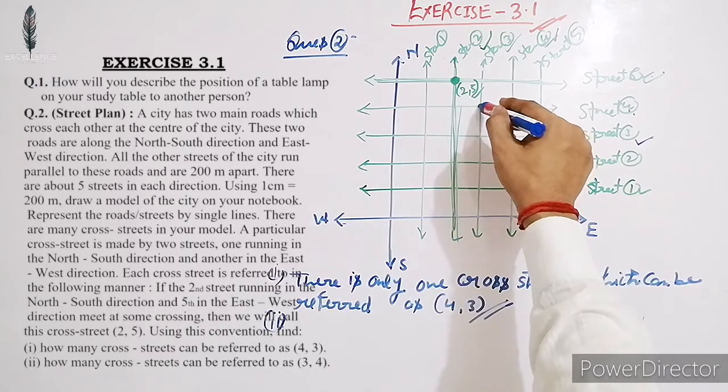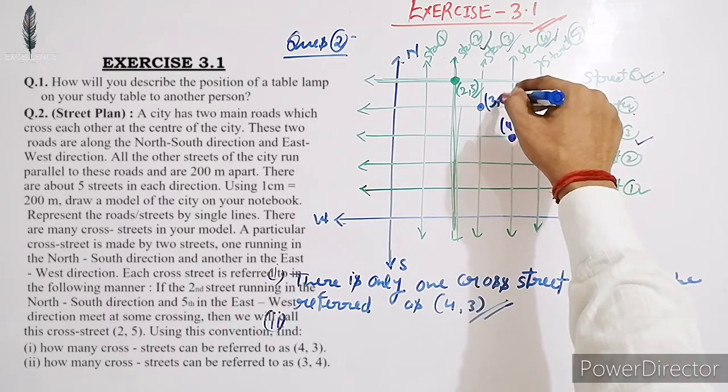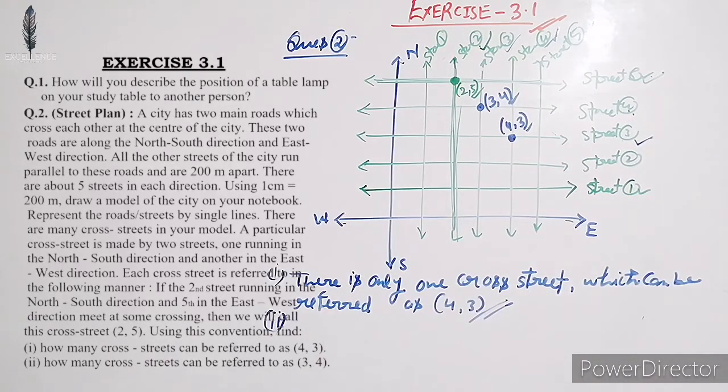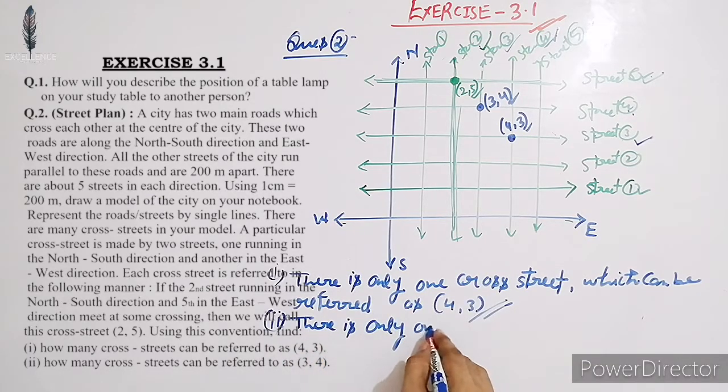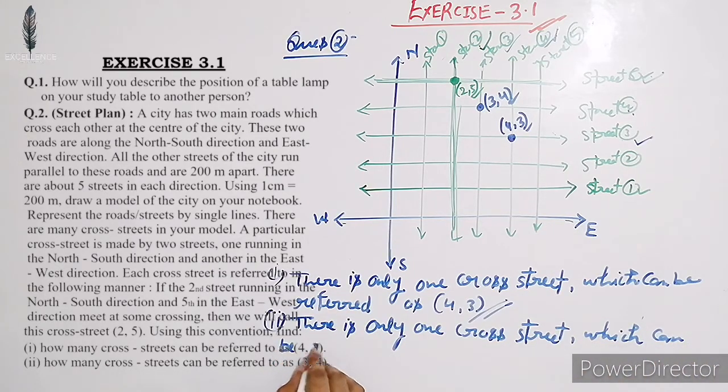So from the figure we can conclude that only one point has the coordinates (3, 4). Okay, clear? So there is only one cross street which can be referred as (3, 4).